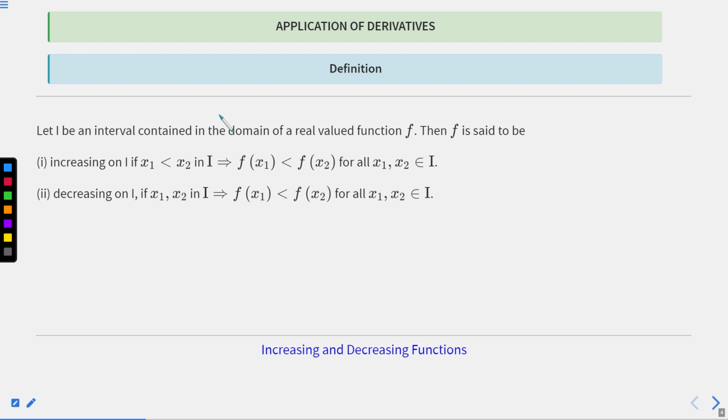Okay, so let I be an interval. Every word here is very crucial, so please give your full attention. Take I be an interval, any interval, but contained in the domain of a real valued function.